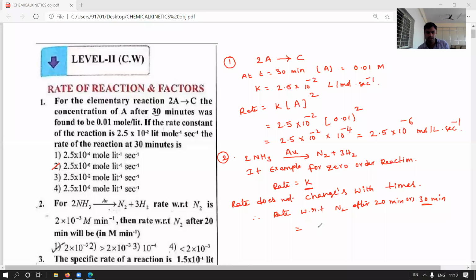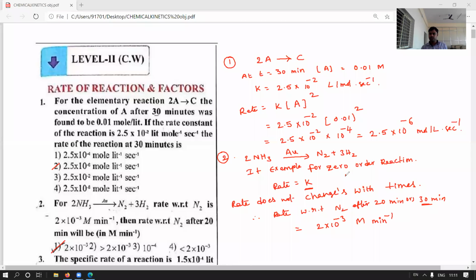That is equal to 2 into 10 to the power of minus 3 mole per minute. So the correct answer is the first one. That's why I said we have to remember the zero order and first order reactions and their examples also. Decomposition of ammonia is a zero order reaction. The rate of a zero order reaction is independent of time because the rate is constant.